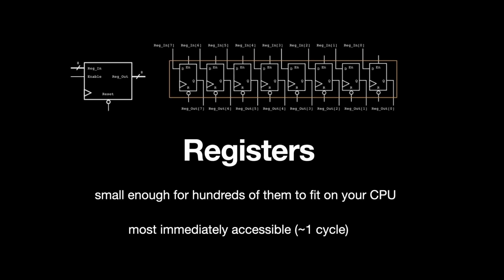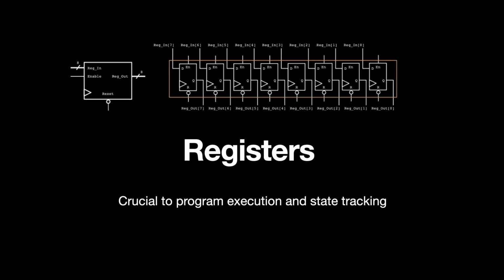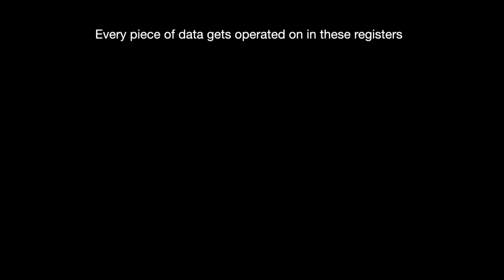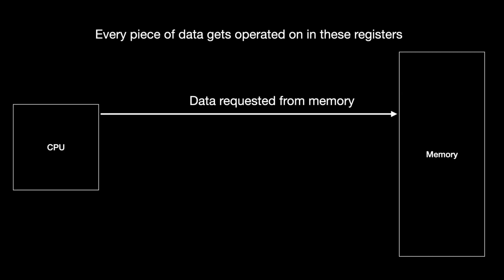Now, let's start with the very top of this hierarchy, the register, which is the fastest piece of memory on a computer. It is small enough for hundreds of them to fit on your CPU. They are crucial to program execution and state tracking, and every piece of data you work with gets operated on in these registers. Here's how that works.